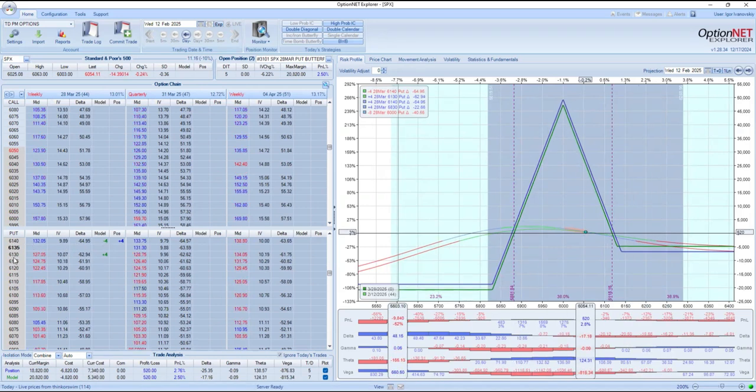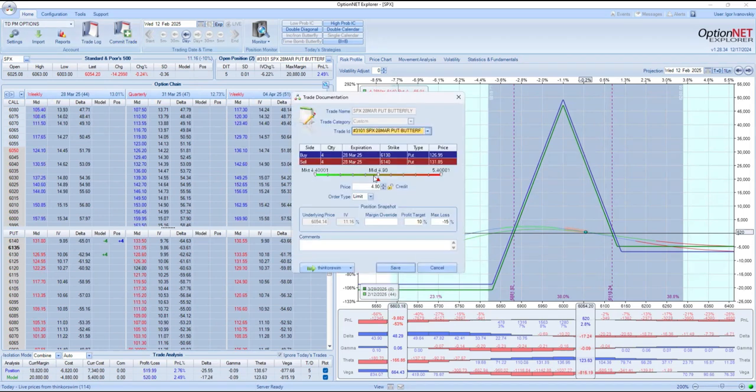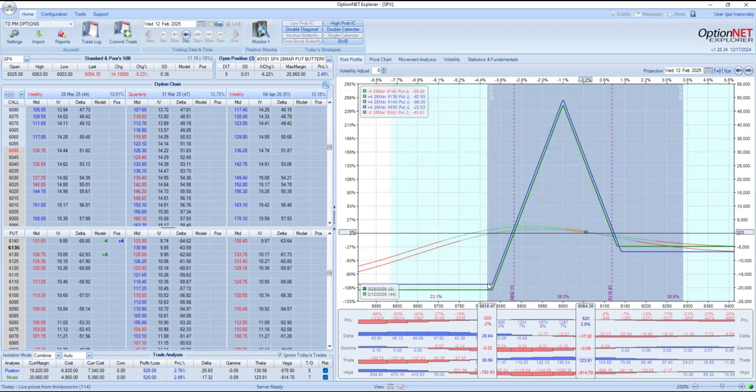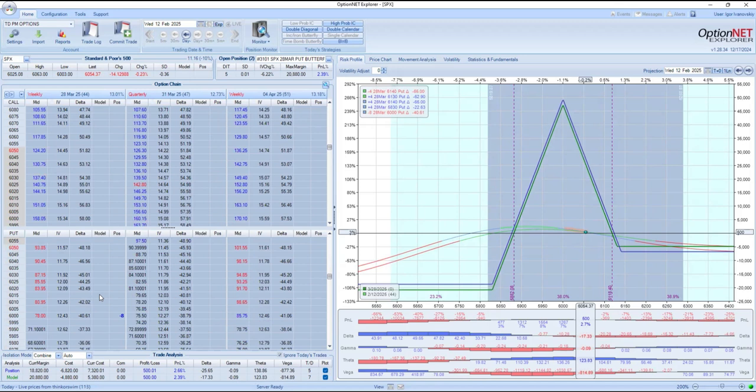61.40 down to 61.30, it's a 10-point wide put credit spread, which will bring in about $4.90 credit. But it'll also increase our Reg T margin. And if we have already exceeded our max allocation as far as the Reg T margin goes, then we need to fix that.